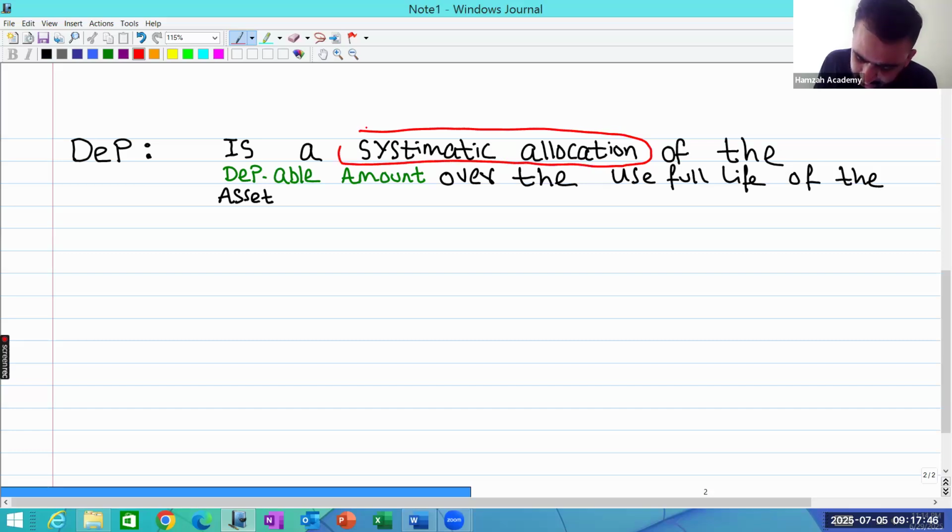Now, systematic allocation means the pattern of depreciation.